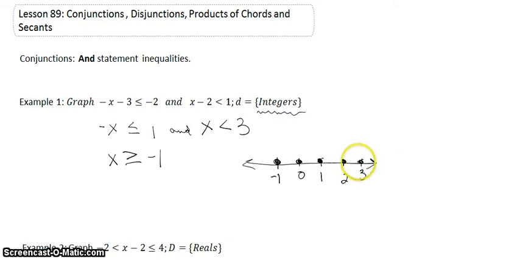Okay, and this one would continue doing that to the right since it's greater than. And the other one starts at 3, but it's only less than.